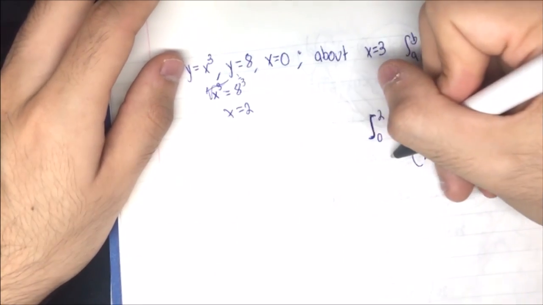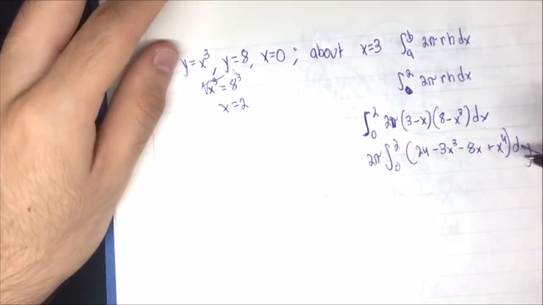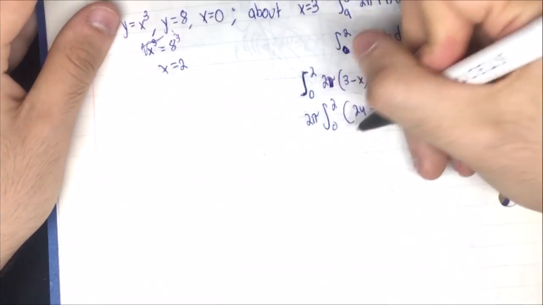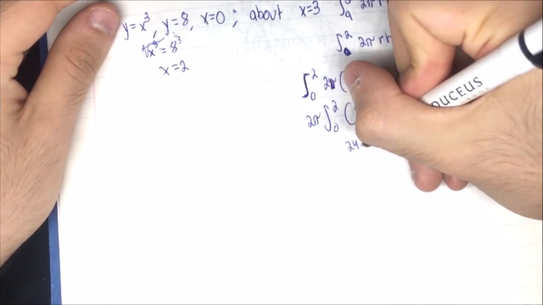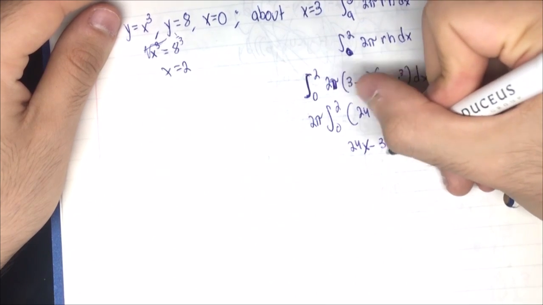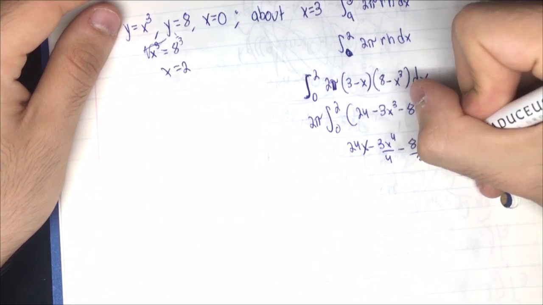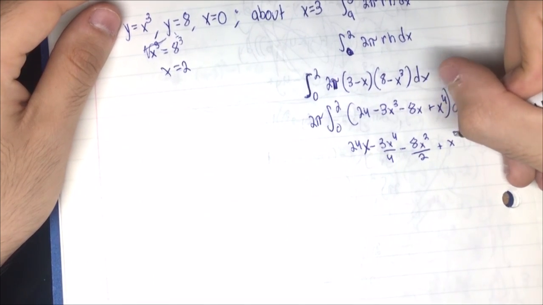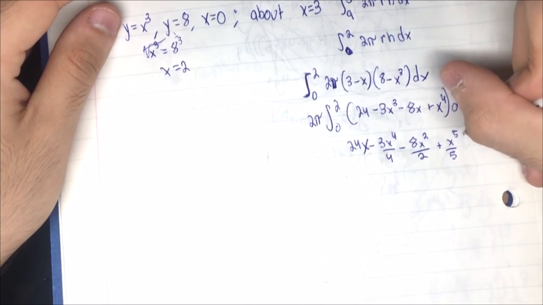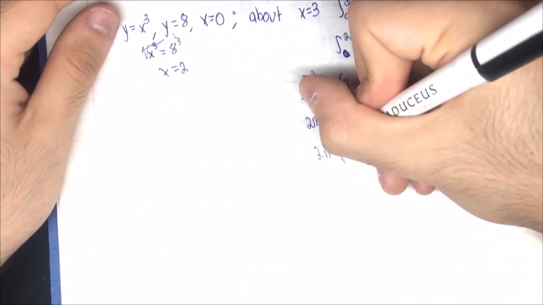And then you pull out the 2 pi up in front. So now you're going to get the antiderivative of all of this. It's going to be 24x minus 3x to the 4th over 4 minus 8x squared over 2 plus x to the 5th over 5, from 0 to 2, all being multiplied by 2 pi.